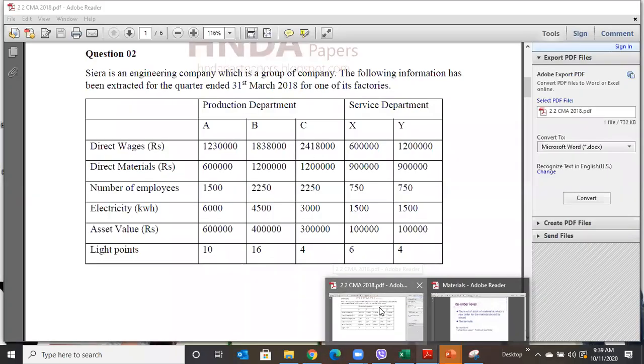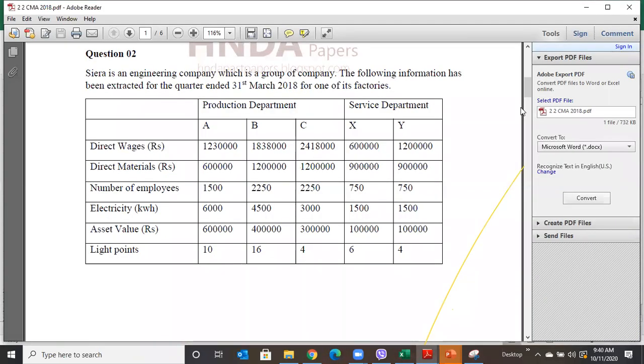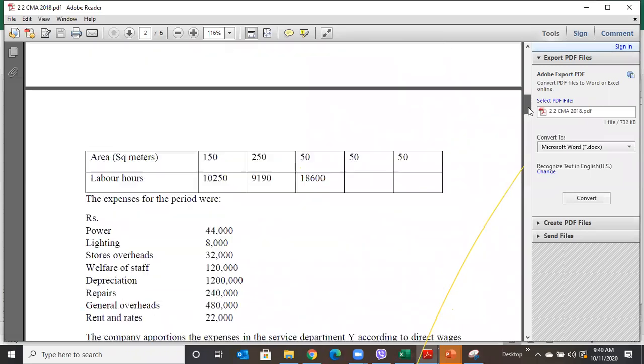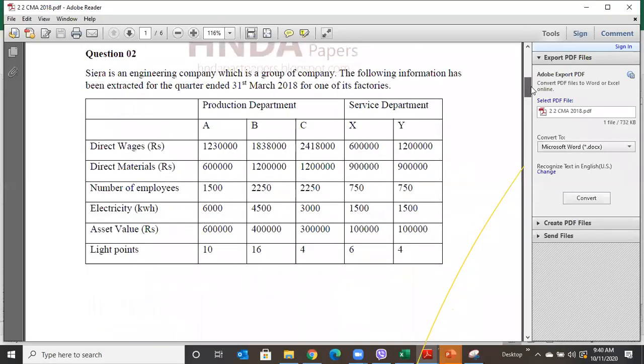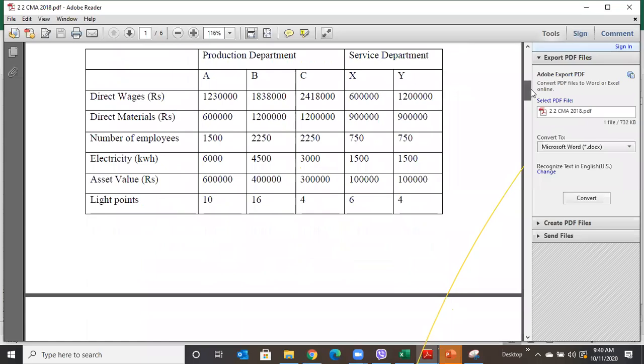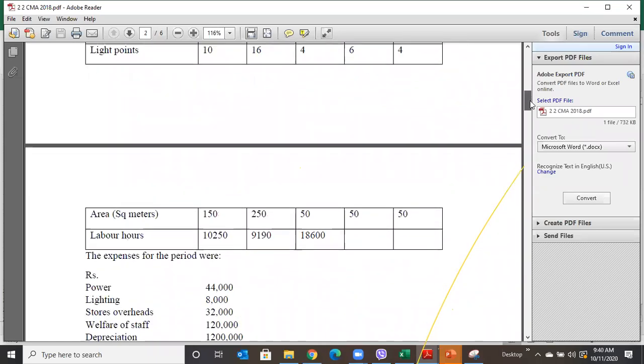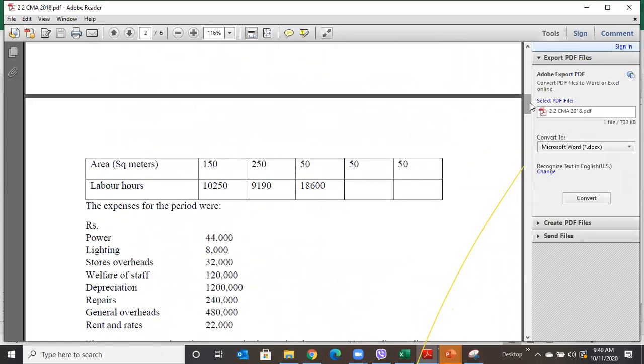Then it's saying direct labor hours absorbed overheads absorption rate. Then let's see production direct labor hours, we have been given the hours. Then we can put those.